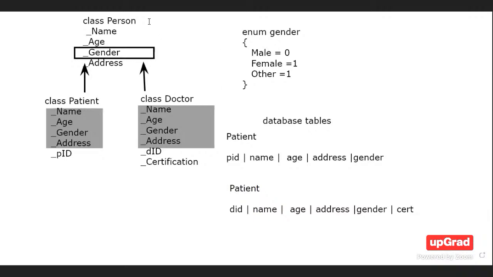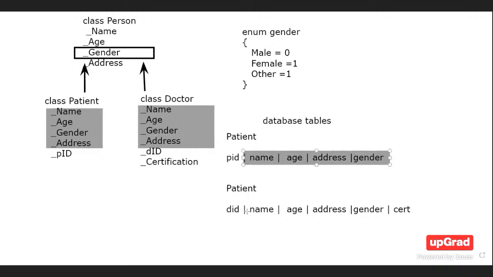Ultimately, this information you see right now, name, age, and gender, and here also name, age, is so common. So why are we maintaining so many columns?